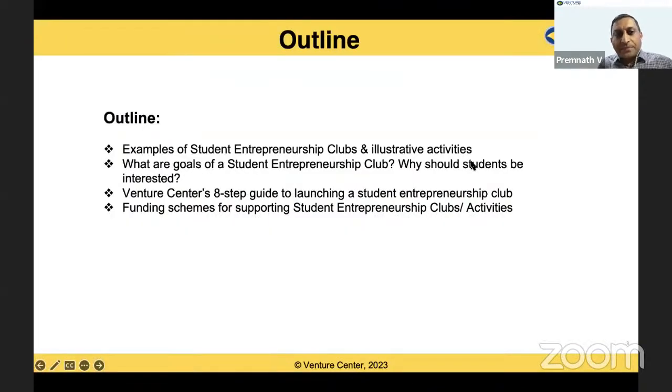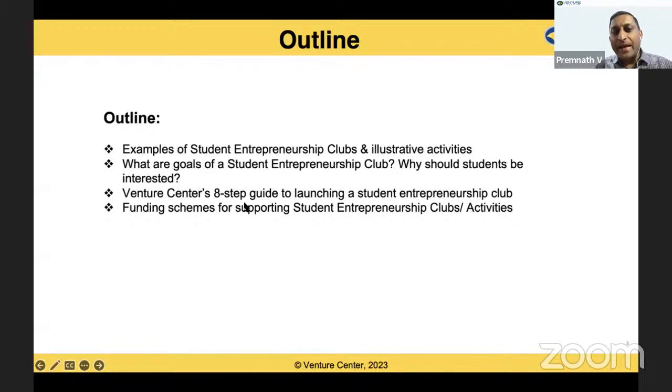So today's talk, the outline is as follows. I'll first talk briefly about a few examples of student entrepreneurship clubs which I am familiar with, put down a few illustrative activities so that people know what I'm talking about. Let's look at the goals of a student entrepreneurship club, and let's also talk a little bit about why students themselves should take a lot of initiative and interest in doing this.